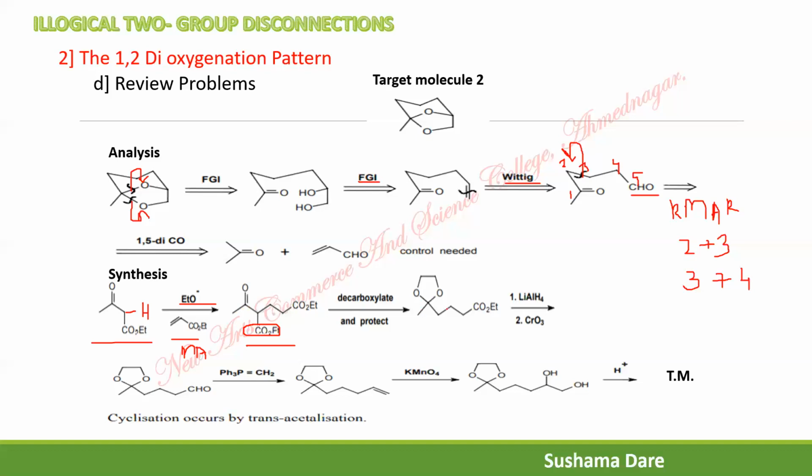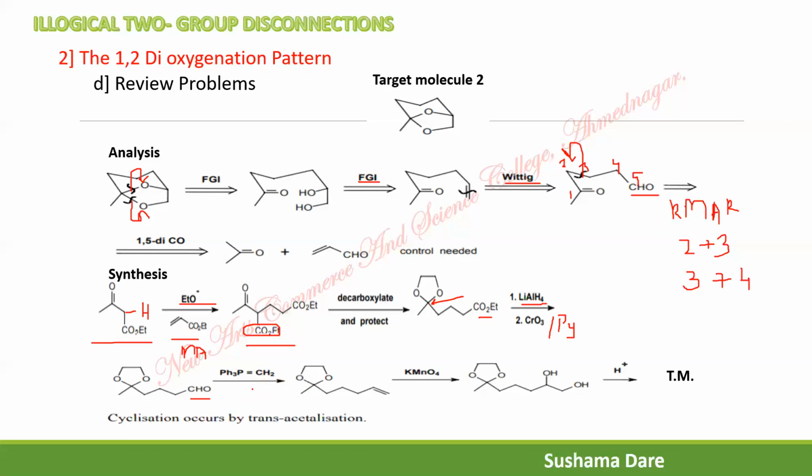Then there is a reduction by using lithium aluminum hydride, that is the ester carbonyl undergoing the reduction. It converts to CH2OH, and then in presence of CrO3 and pyridine, that is the reagent PCC, pyridinium chlorochromate complex, that oxidizes primary alcohol to the aldehyde functional group. So it gives you the aldehyde functional group.